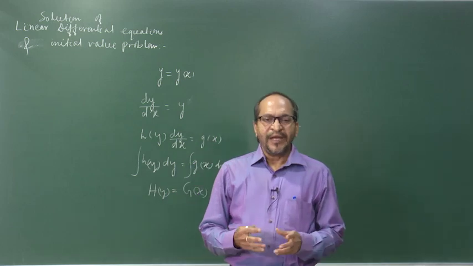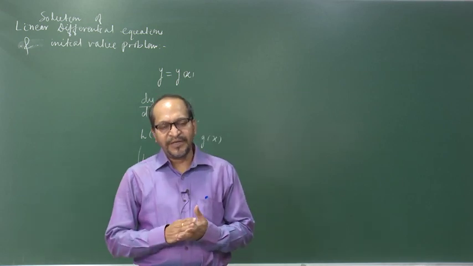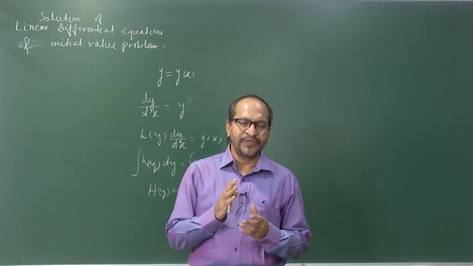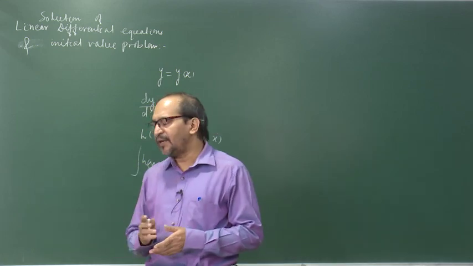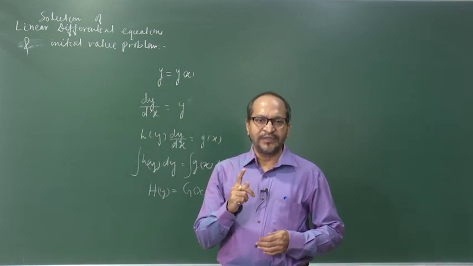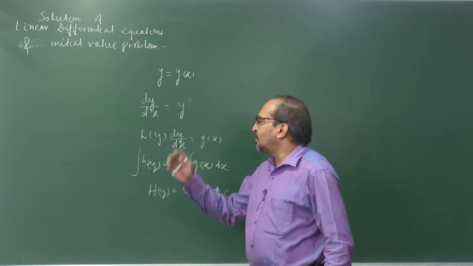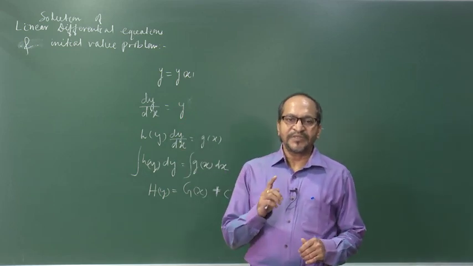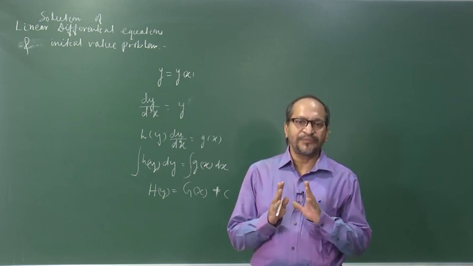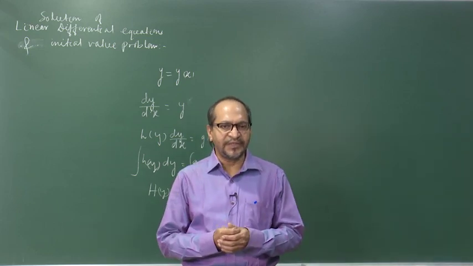If the differential equation involves the dependent variable and its derivatives with only power 1, that is, the power of dy by dx, d square y by dx square or d cube y by dx cube is 1, and the power of y is also 1, and also there is no product of the dependent variable and the derivatives, then the equation is called a linear differential equation.